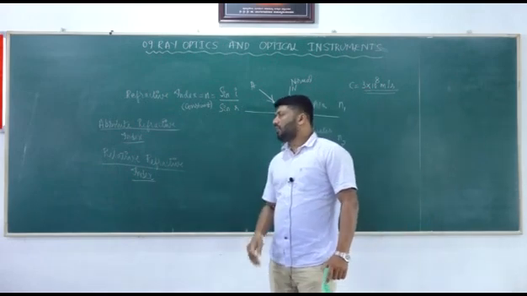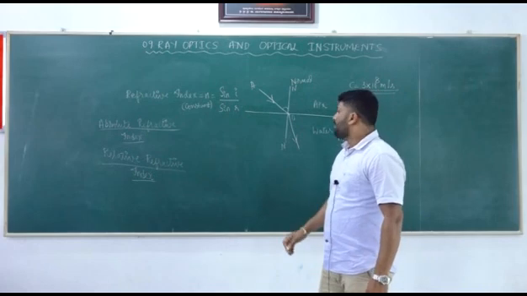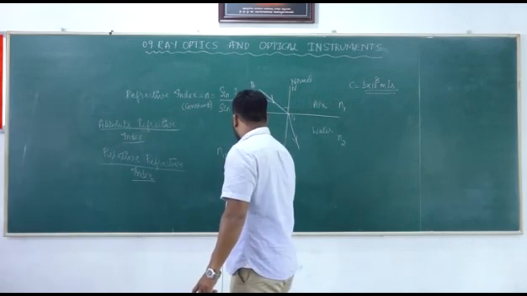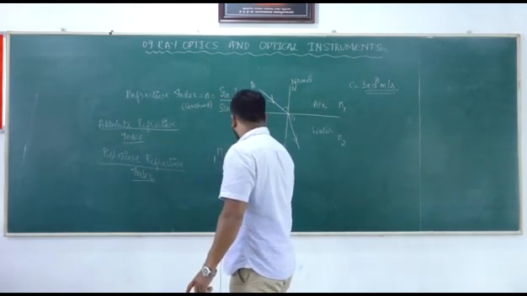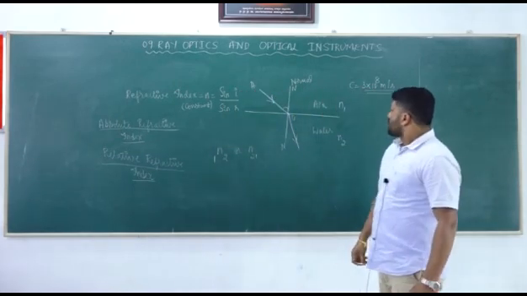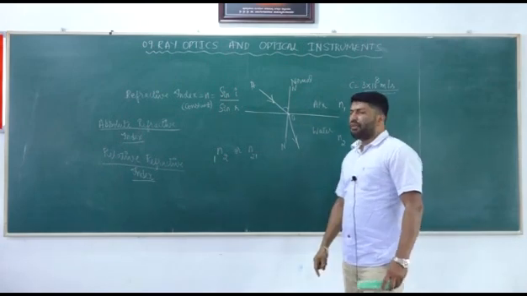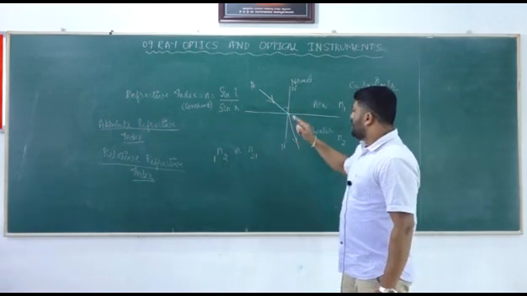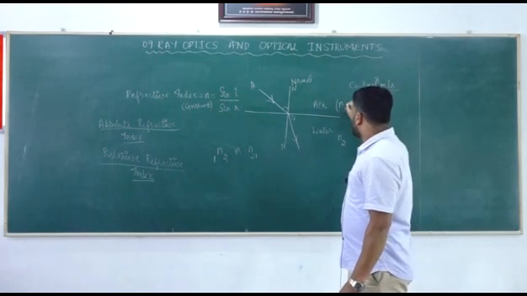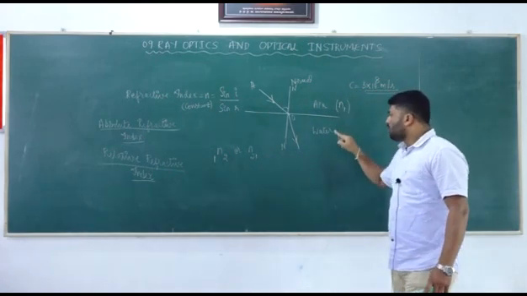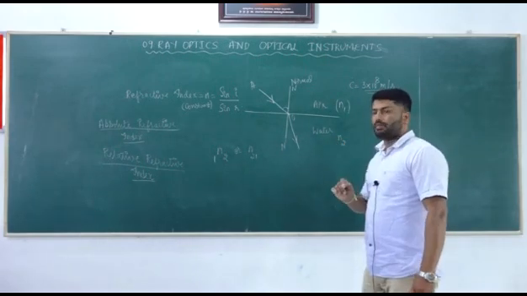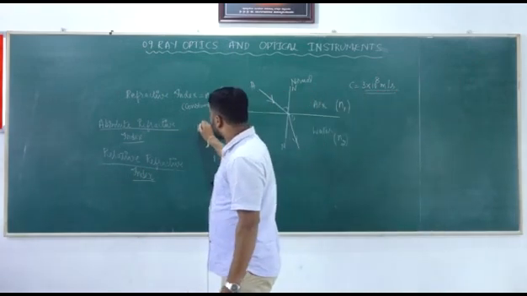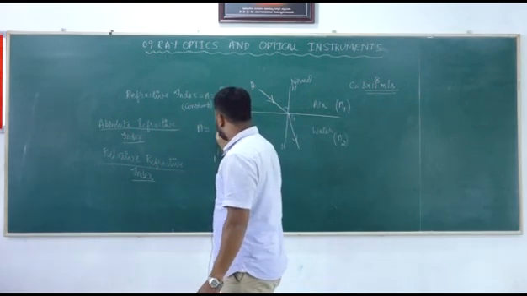With respect to the refractive index, we differentiate the mediums, written as n12 or n21. We consider air as the first medium with refractive index n1, and water as the second medium with refractive index n2. The general absolute refractive index formula is c by v.